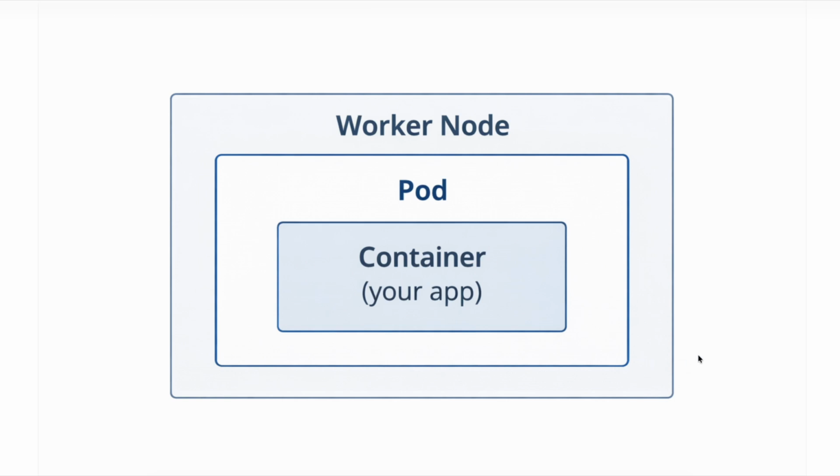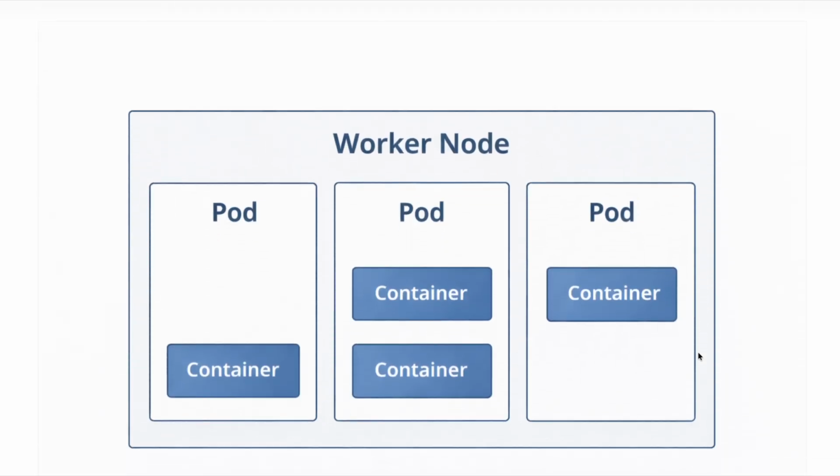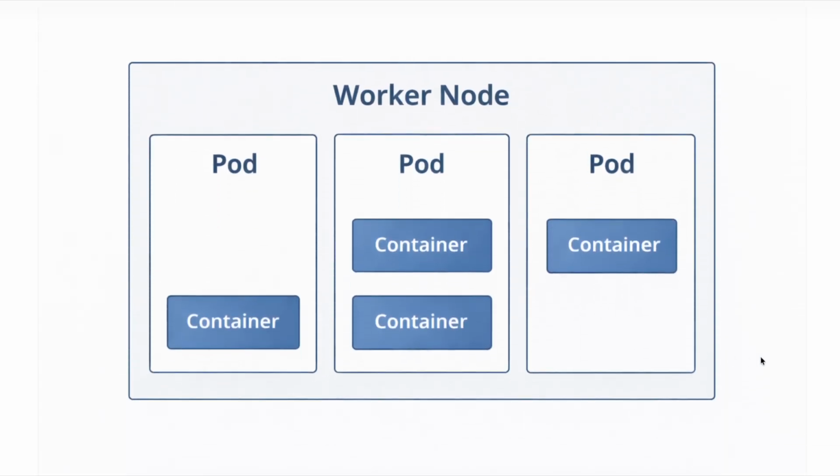Let's check one more diagram. In this diagram, we are still looking at a single worker node. But now it's running multiple pods. This shows that a worker node can run many pods at the same time depending on available resources.